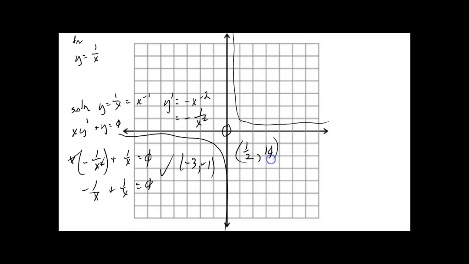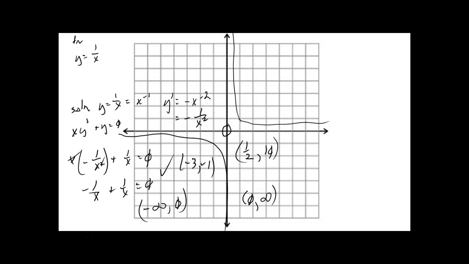That would be fine, as long as it doesn't include 0. You could even expand it as far as you could and have from negative infinity to 0, as long as you put parentheses around both. Negative infinity is not a number, so you need a parenthesis there. 0 is a number, but that means you can't include 0. Or over here, 0 to infinity. Perfectly fine. Any of those intervals, that's a solution.